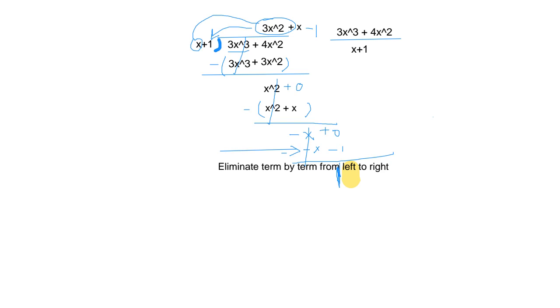The divisor is linear, the remainder has to be constant, has to be a number. Anyone has any question? Okay, let's go back to our notes.